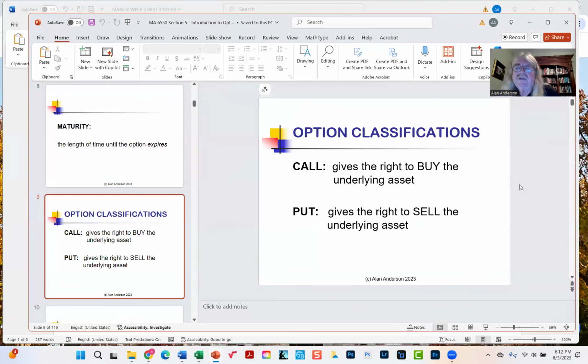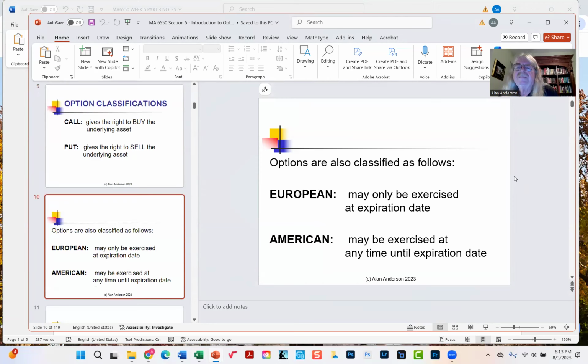Now, here's another way in which the naming conventions are a little bit different. Calls are the options that give you the right to buy something, and puts are the ones that give you the right to sell something. You've got to remember that terminology. Call is the right to buy, put is the right to sell. And then finally, most options fall into one of two categories.